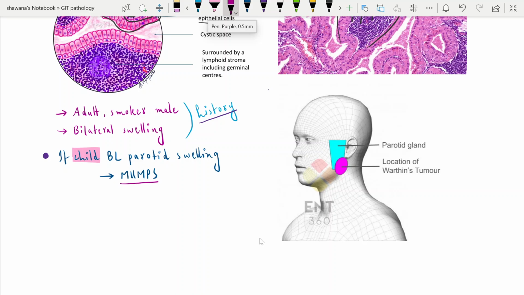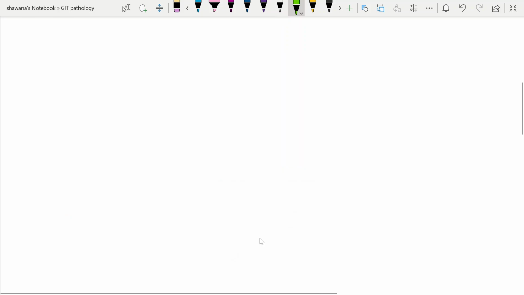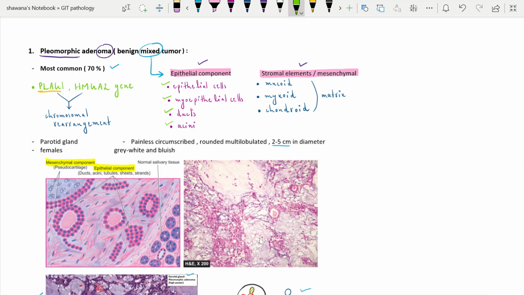In this diagram, you can see the location of the Warthin's tumor. It's the parotid gland, and just below the parotid gland is where the Warthin's tumor occurs. So we have discussed three main benign tumors of the salivary glands. First is the pleomorphic adenoma.